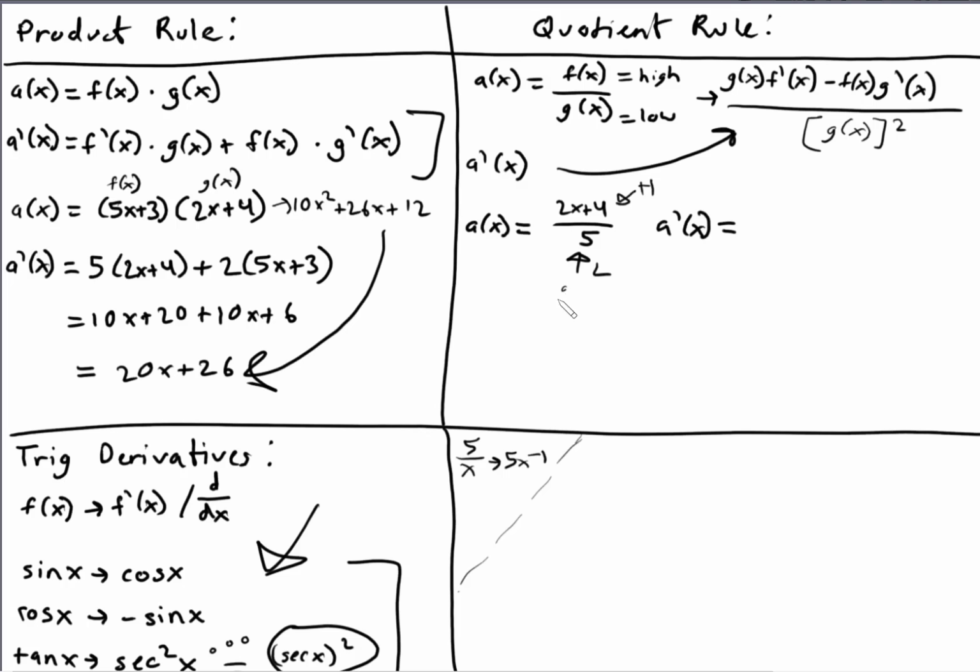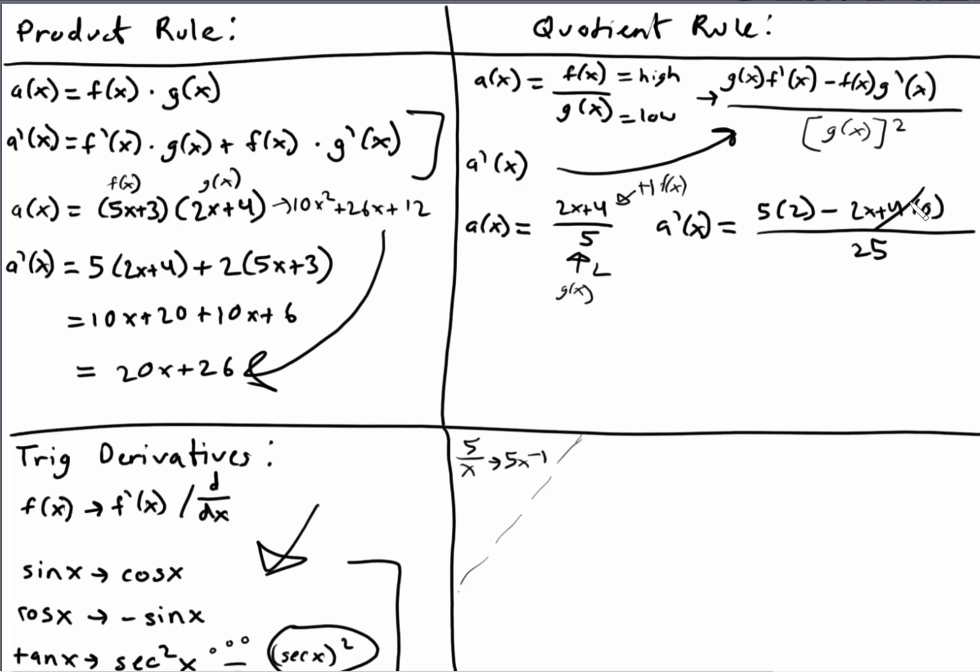So basically this is g of x, and this right here is f of x. Following the rules that we have, we're going to get our bottom function, which is just 5, times the derivative of the top, which is just 2, minus our top function, which is 2x plus 4, times the derivative of the bottom, which is 0, all divided by the bottom squared, which is 25.